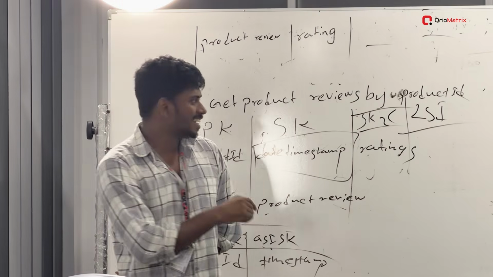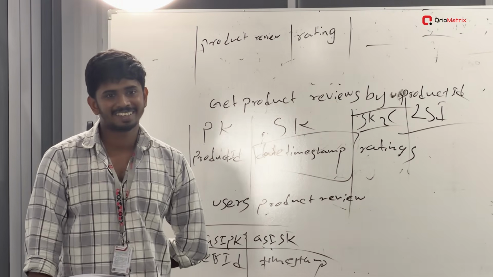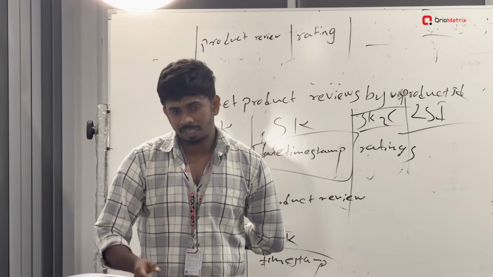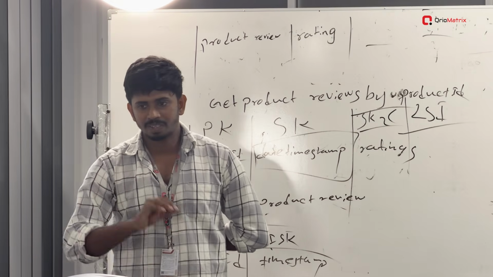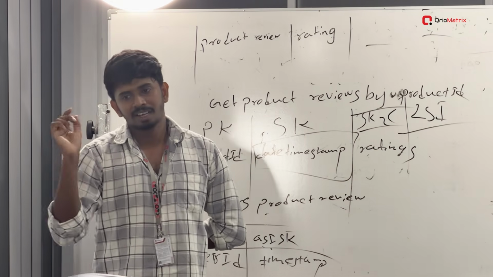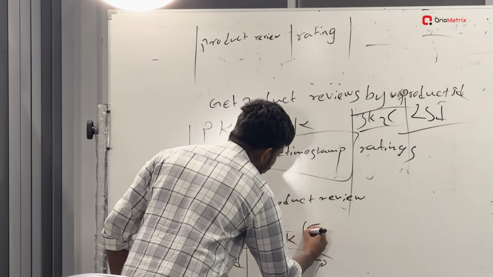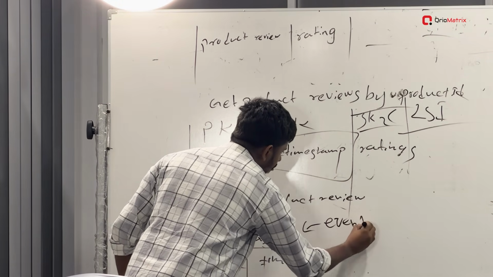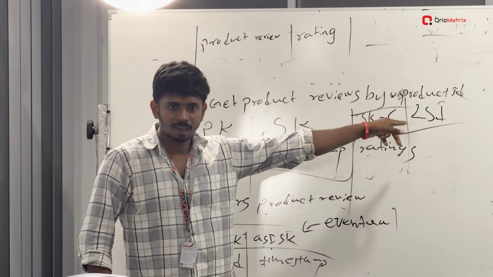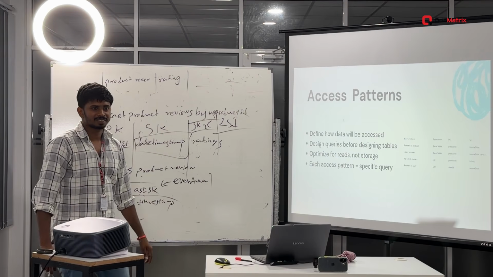So in that case, this cannot guarantee strong consistency, because it can take some time to update. It will be consistent after some time, but it will not guarantee that at the same time you can get the updated data. That means this can only support eventual consistency. But LSIs can support strong consistency also, because they are in the same physical location. That's the thing.